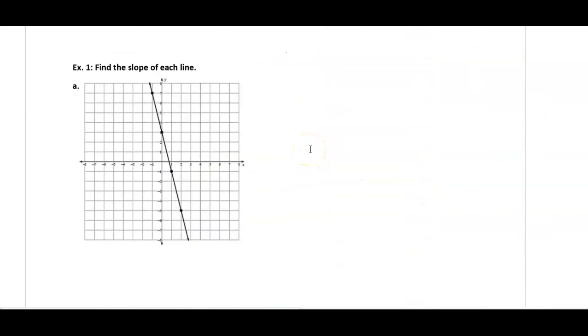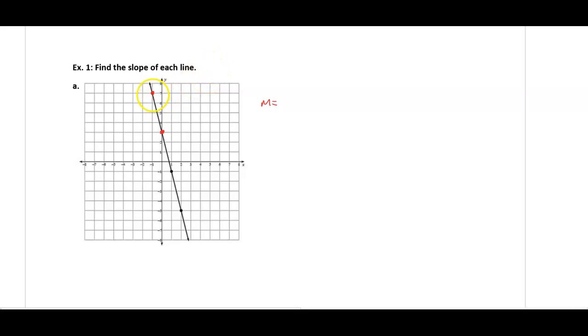So if I had to look here for these type of problems, we're going to use the graph. I always find 2 nice points on the graph, and it doesn't matter which ones you find. If I use these 2 points, I always travel from the point on the left to the point on the right.